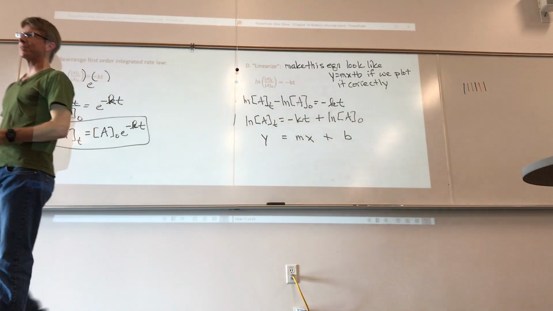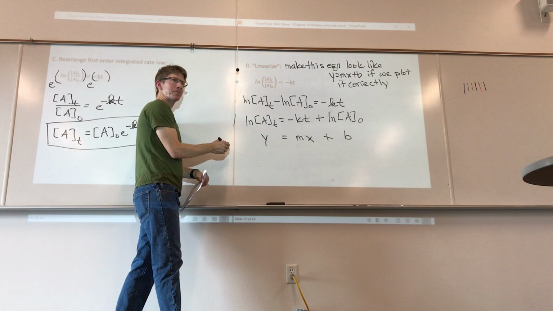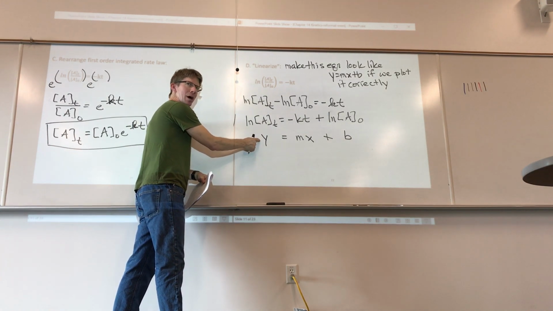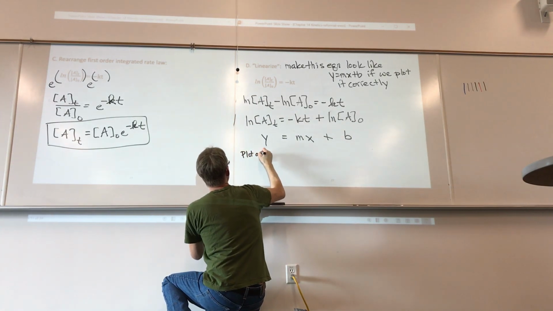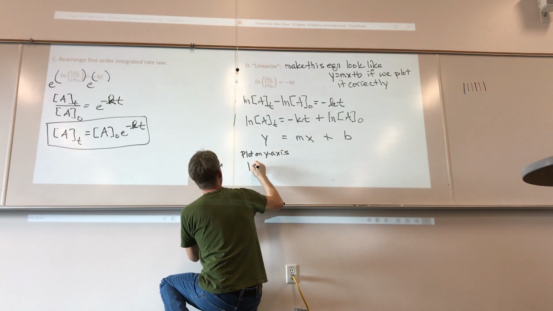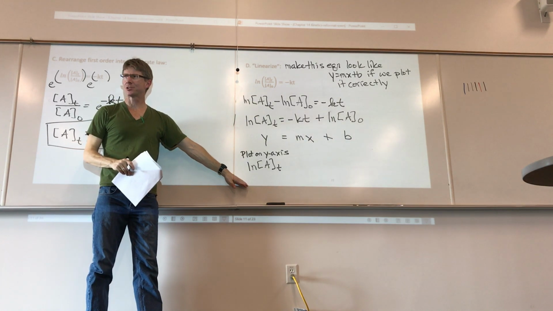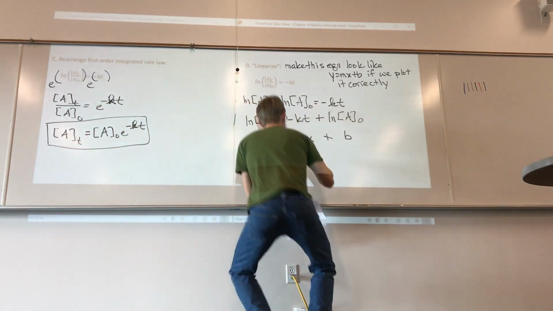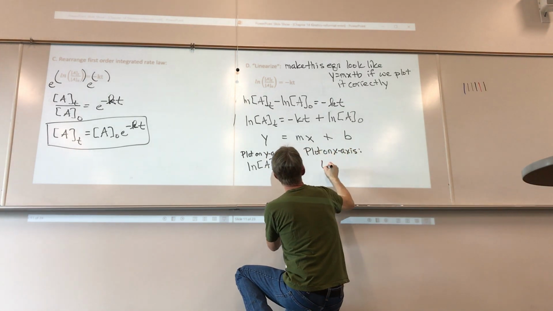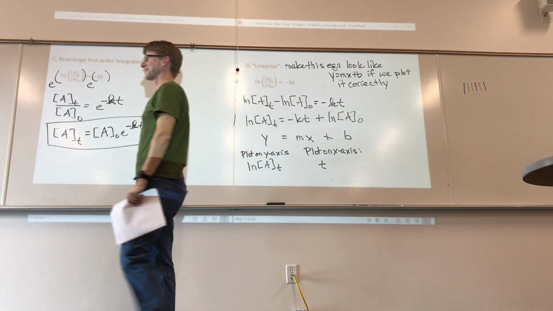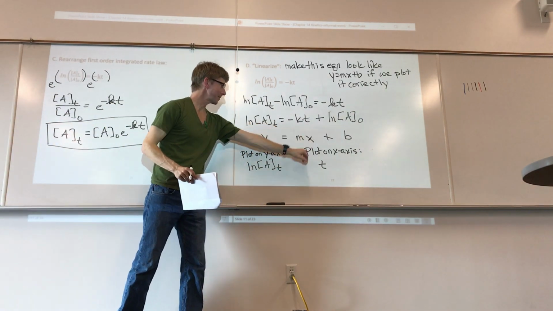And then we write y equals mx plus b underneath, and we'll make some assignments. What that assignment is, is that what's plotted on our y-axis is this, the natural logarithm of concentration, and on the x-axis we plot t.